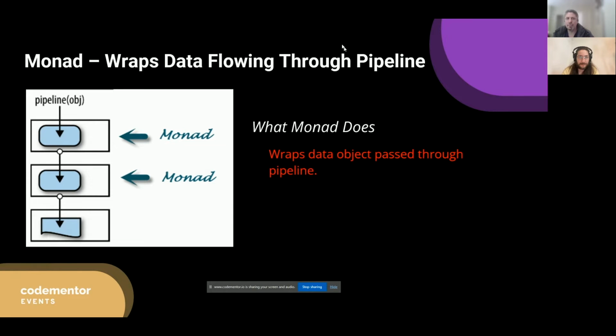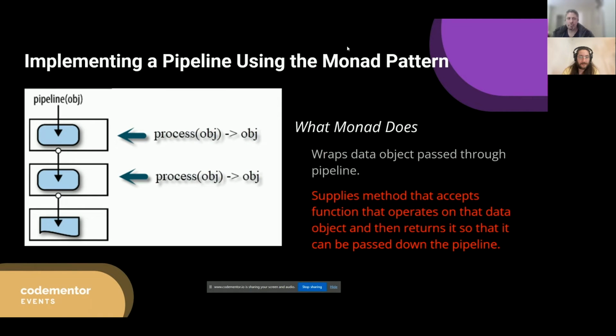What the monad design pattern does is a couple of really important things. First, a monad wraps the underlying data that's being passed through the pipeline. And also, each time a data object visits a node, you're allowed to pass a function in that receives the data object and does something with the data object and then returns another data object.